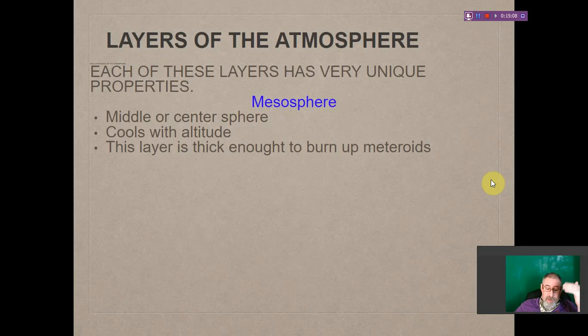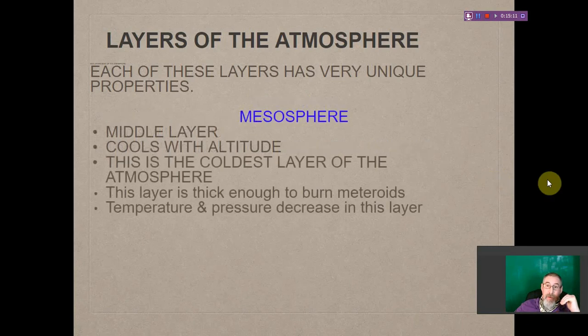Now we're going to continue going down. Other things you need to know about the mesosphere is that it is the coldest layer in our atmosphere. And that's because that heated radiation is being bounced off, so there's not much left to come through to warm that air up.